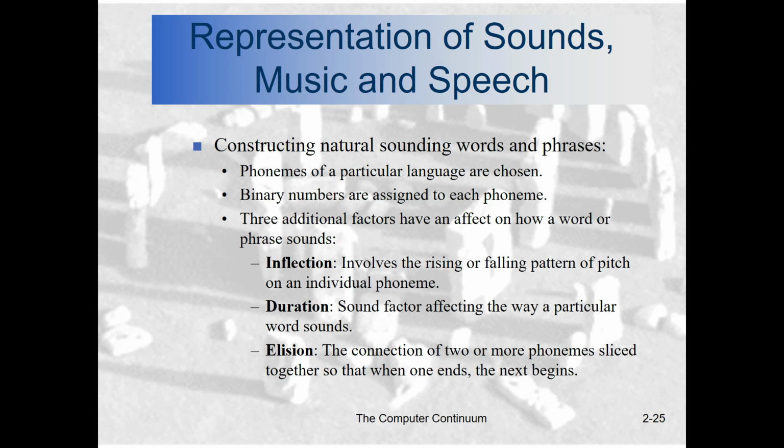For example, when I'm talking about something, the pitch of my voice goes up and down based on what I'm talking about. That's what we call inflection, which changes how a word or phrase sounds.